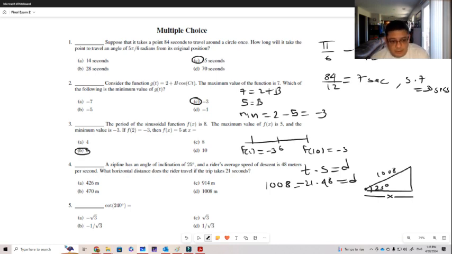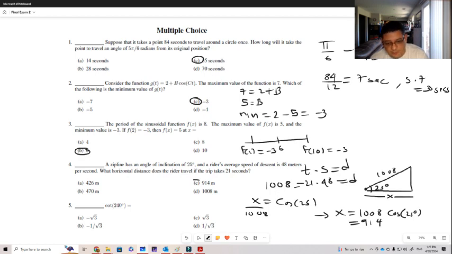This side is adjacent to the angle, and adjacent over hypotenuse is the cosine of the angle. So we find the result by doing 1008 times the cosine of 25 degrees. When we compute this in the calculator, it gives us 914.